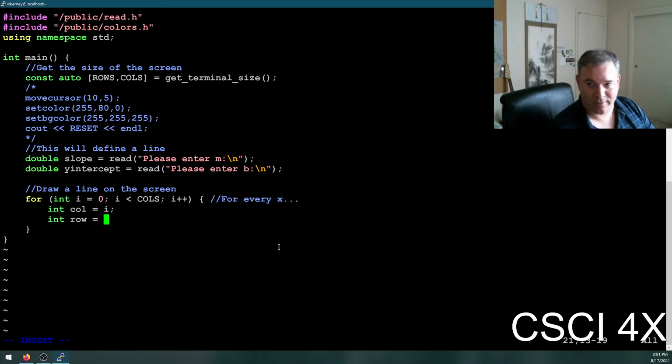Our x value is just going to start at 0 and go across the screen. How do we find out what the y value is at every point? Can we use Python? I guess. I don't see why not. So we've got a slope, we've got a y-intercept. What's our y value?